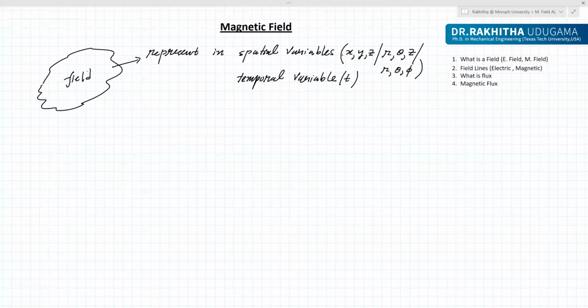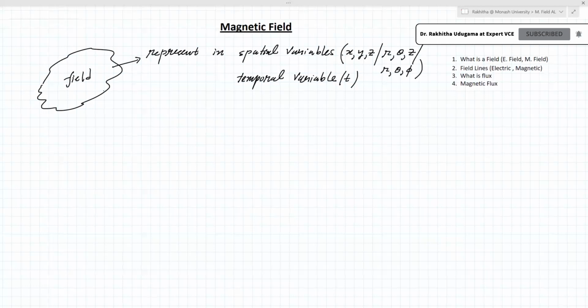Oil field, magnetic field, electric field: something spread in space. Now, what about the temporal variable? We are not going to take the temporal part to define a field. When you do higher studies, maybe your bachelor's, master's, or PhD, you might get this in Maxwell's equations, but for now, you don't have to worry about that.